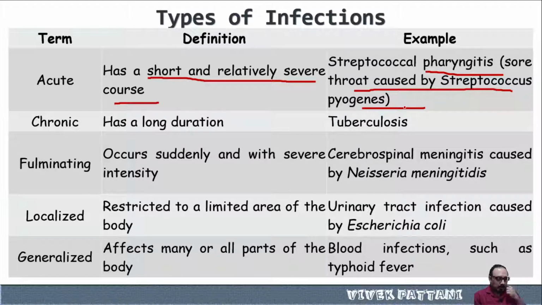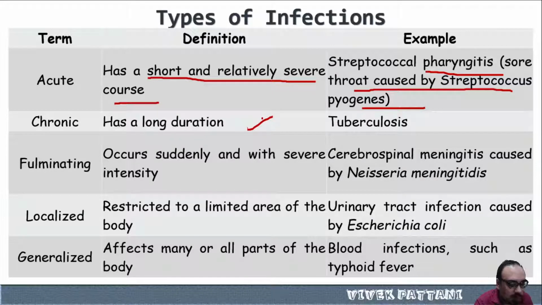Now the second one is the chronic one. Chronic infections basically have a very long duration. In that case the pathogen can survive in the human body for very long periods, thereby affecting the host's health.